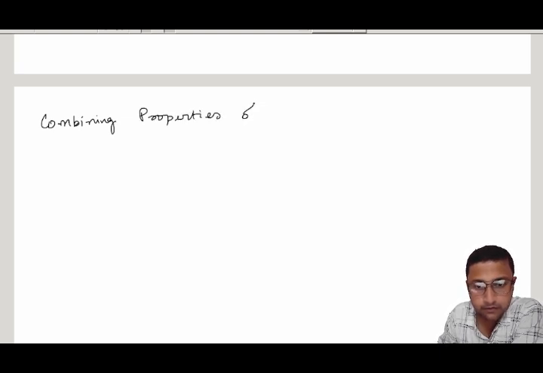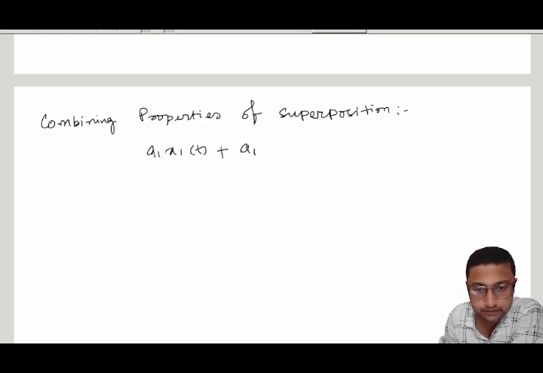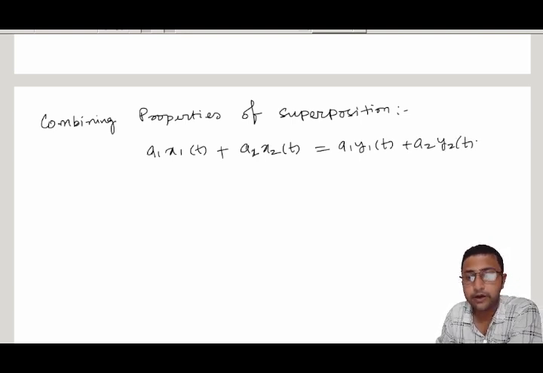That means a1 x1(t) plus a2 x2(t) should correspond to a1 y1(t) plus a2 y2(t).